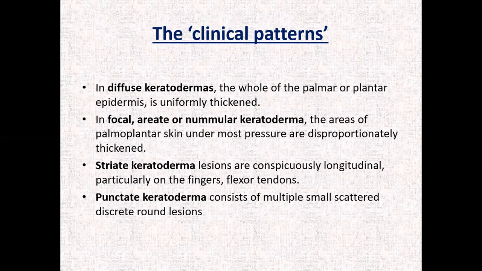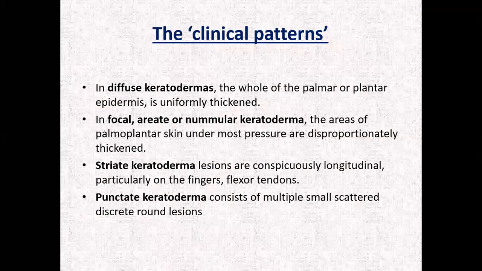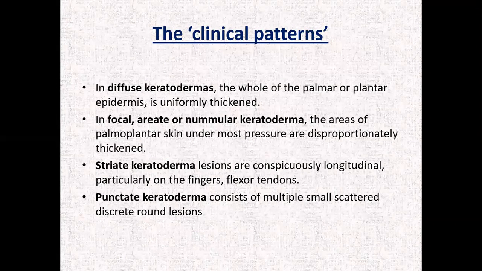There are different clinical presentations of palmoplantar keratodermas. The first, the most common and the one most familiar to us, is the diffuse keratodermas, in which the whole palmar and plantar epidermis is uniformly thickened. But diffuse keratoderma is not the only type.